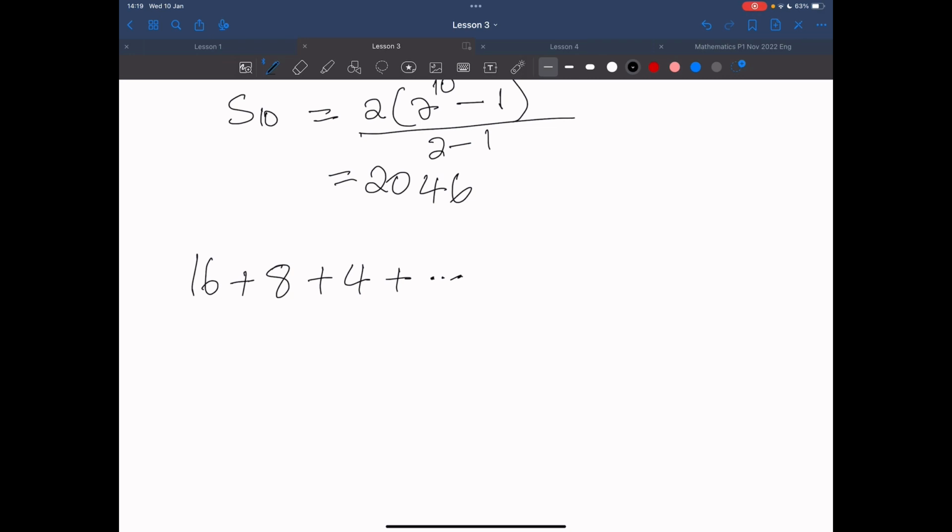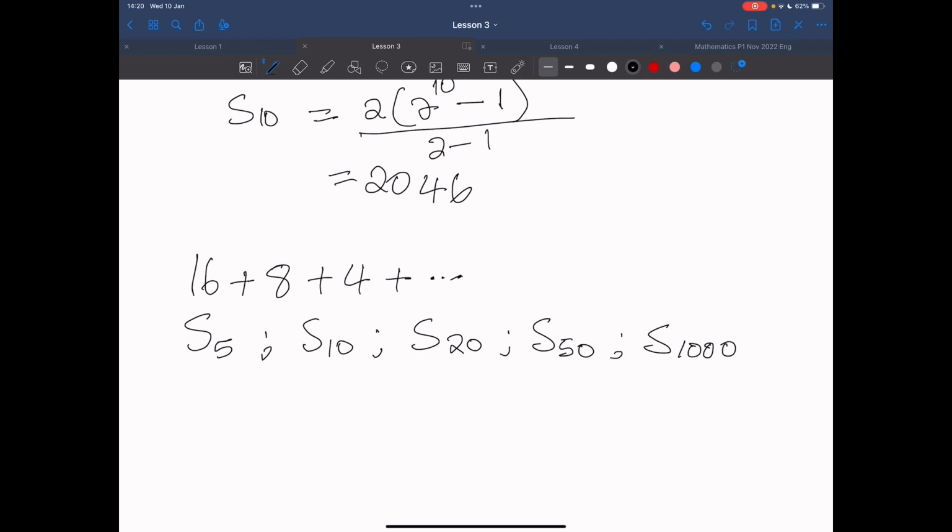We are going to calculate the sum to 5 terms, and then sum to maybe 10 terms, sum to 20 terms, and then sum to 50 terms, and then maybe sum to, let's say, 1,000 terms. I just want us to look at this and see what is really happening.